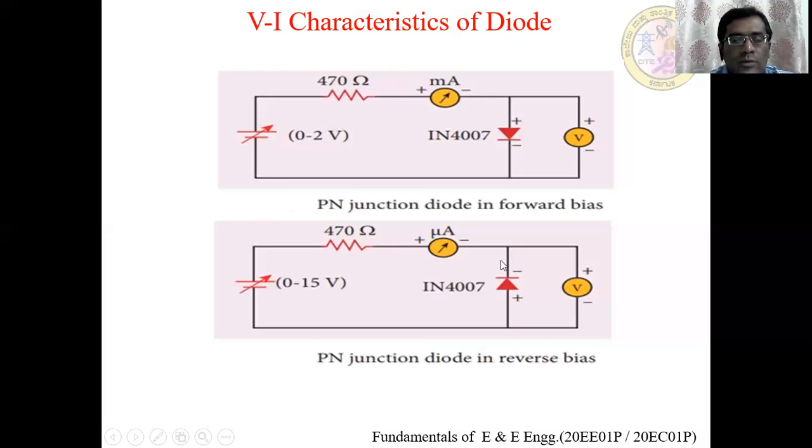But here, since the diode is connected in reverse bias and does not conduct in reverse bias, no current flows, and no voltage can be measured in the reverse bias condition.